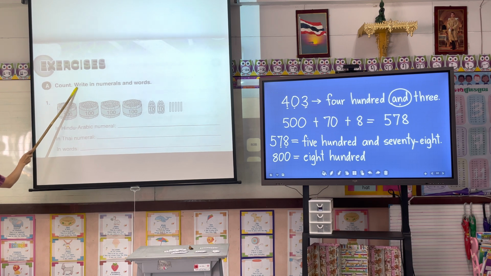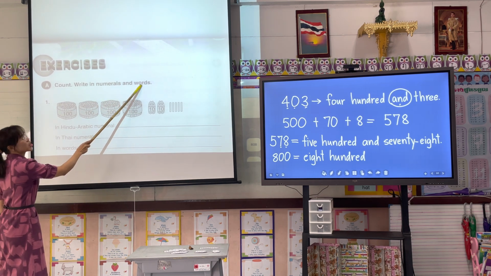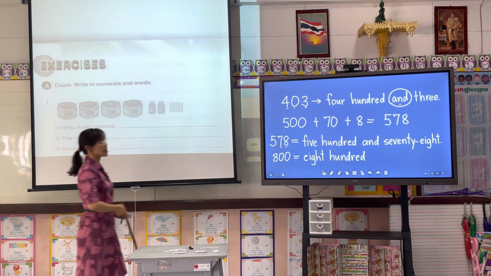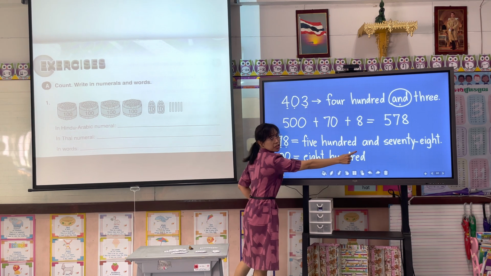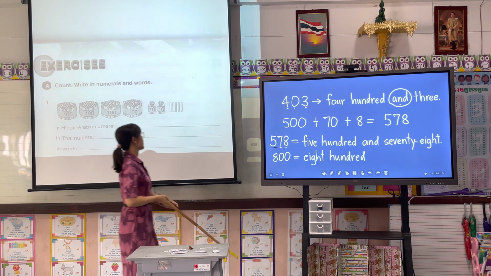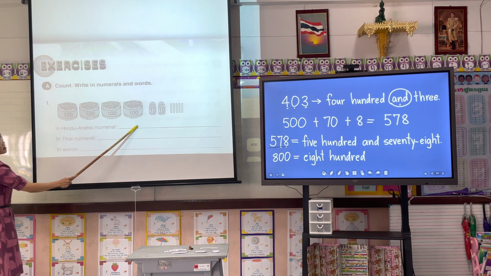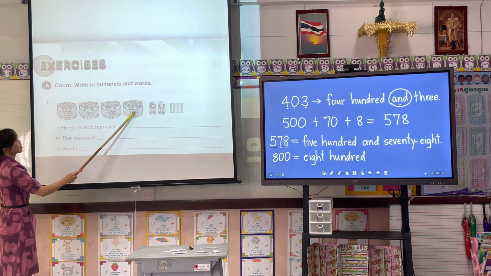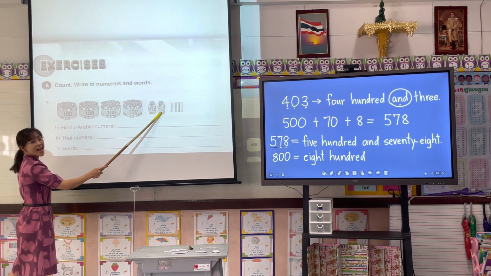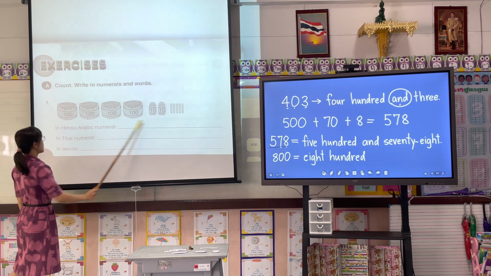Count. And then write in numerals and words, just like what we did here. Numerals and English words. You get it? Hindu-Arabic here. Of course, we need to count. Count by hundreds, count by tens, and count by ones. The Hindu-Arabic.